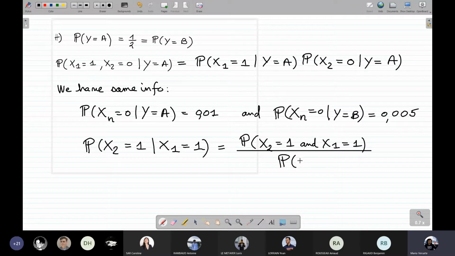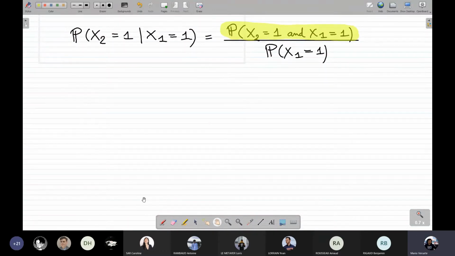We divide by the event that's in the condition, X1 equals 1. That's the base formula. Now we have to say something more fine about the numerator of this fraction. We have to compute this probability, and we will use the total probability formula.